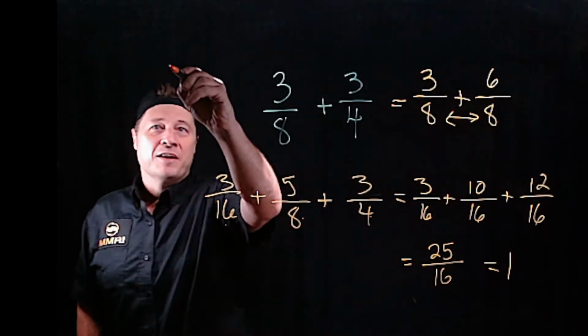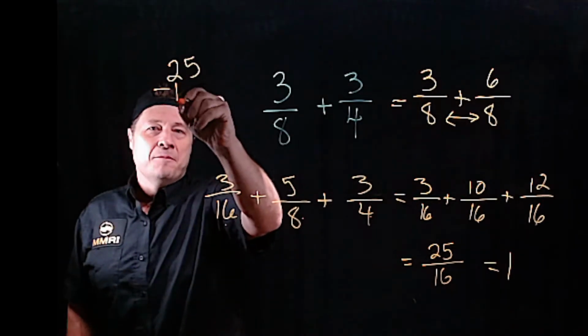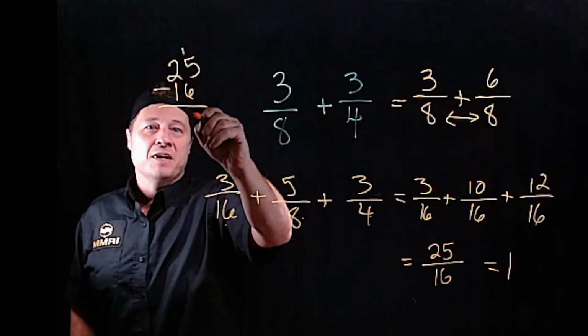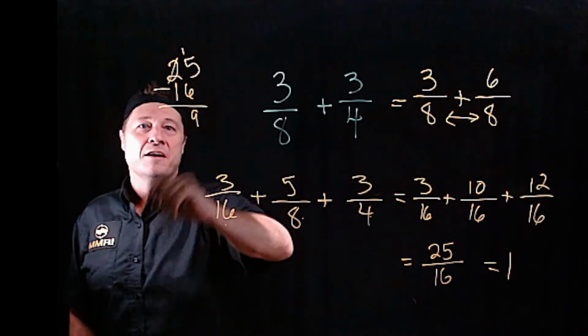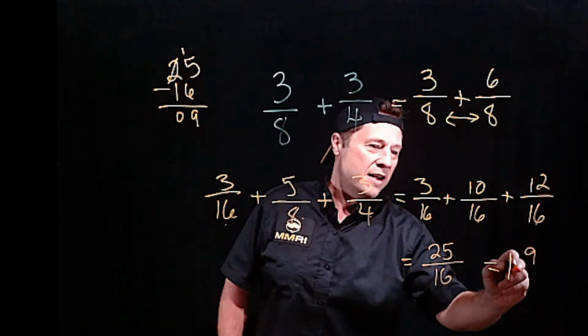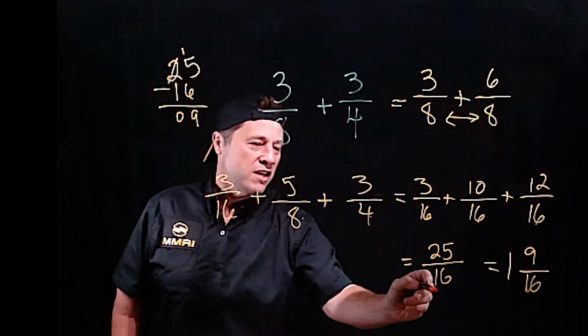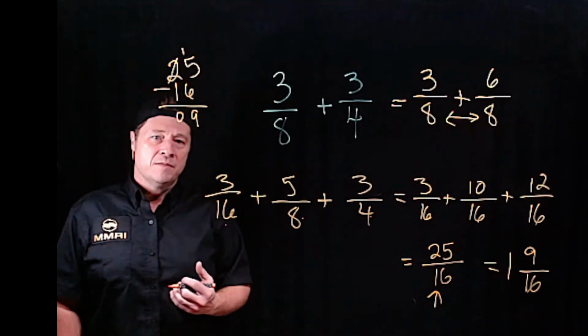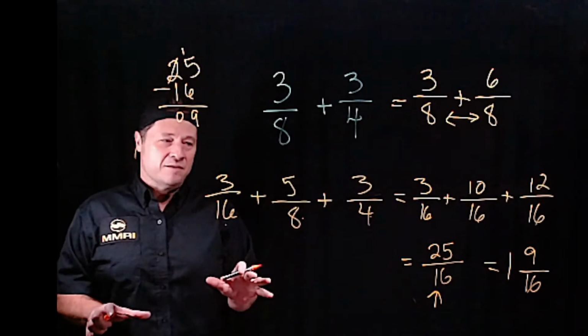If you can't do math quickly in your head, 25 minus 16: you can't take 6 away from 5, so 15 minus 6 is 9. I borrowed it from there, so it's 0. So we know that we have 1 and 9/16. Remember, the denominator doesn't change. If your denominator is 16, it stays 16.